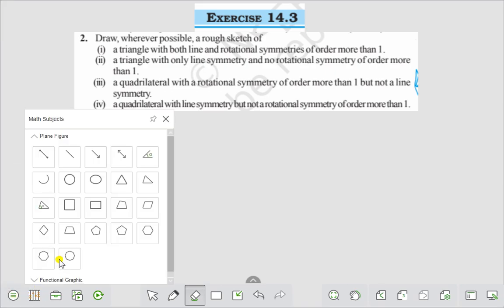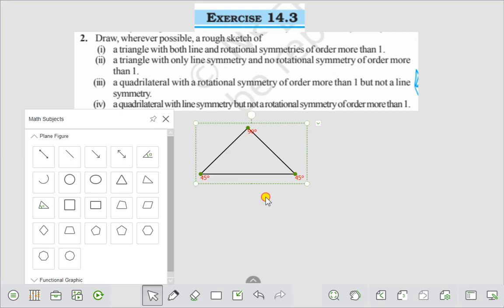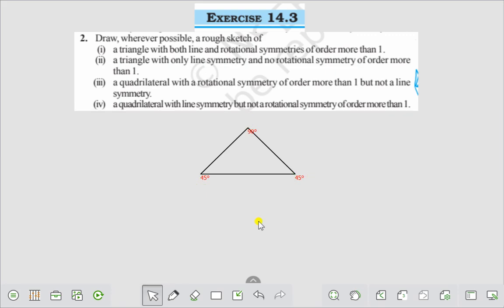Another triangle. If I draw an isosceles triangle, that is both the sides are the same, right? That means if we take ABC, this is A, this is B, and this is C. AB side is equal to AC side, right?